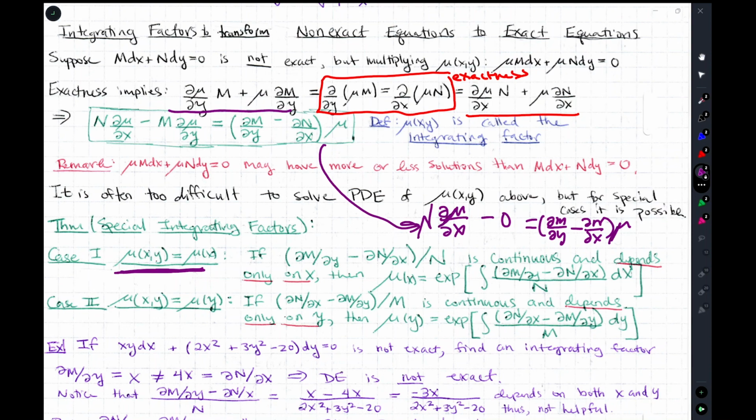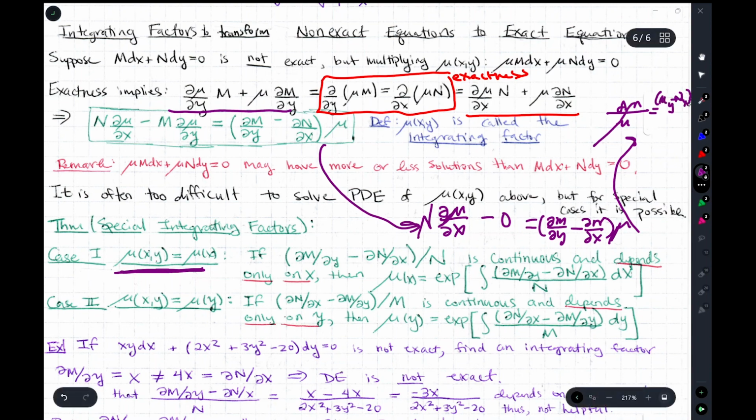And you would then get d mu over mu is equal to this term here, which I'm going to write in subscript notation, M_y minus N_x, divided by N. That's why we're saying this only depends on x.